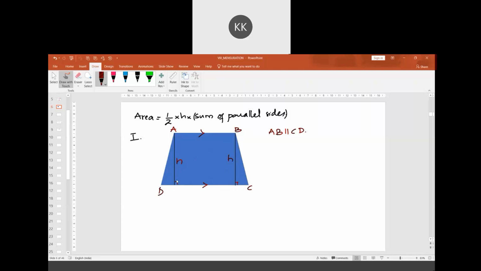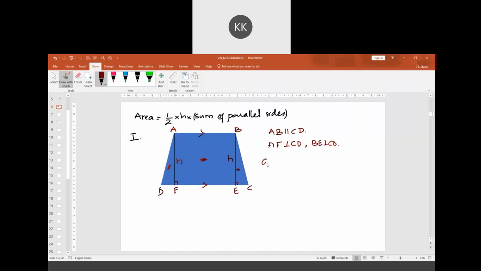Let us name this particular point as F and this as E. Therefore, we can write this AF is perpendicular to CD and also BE is perpendicular to CD. This is known to us. Now we have three parts. These are the three parts.